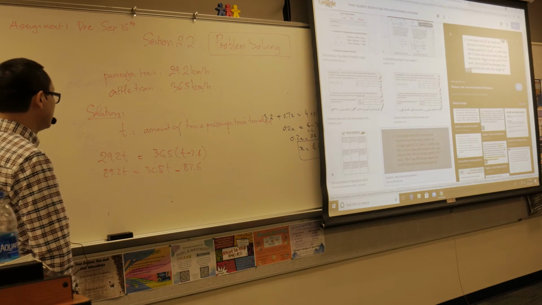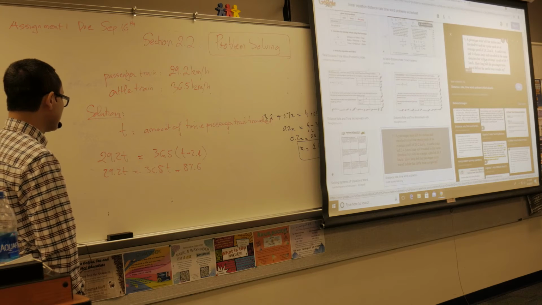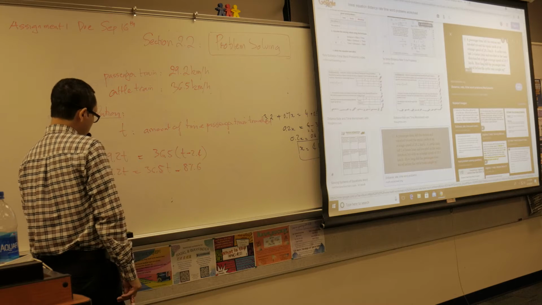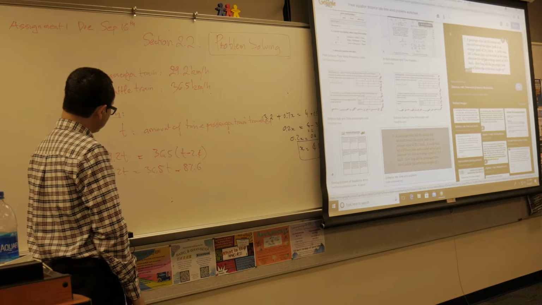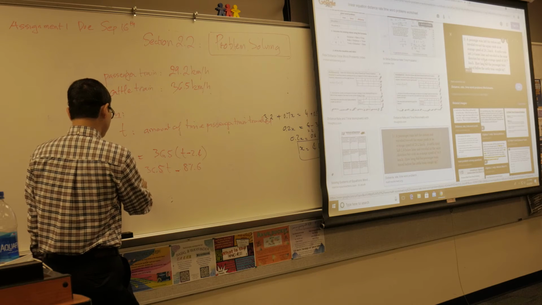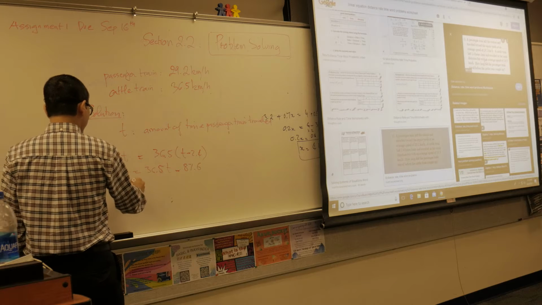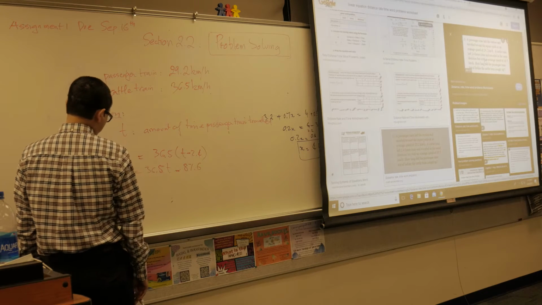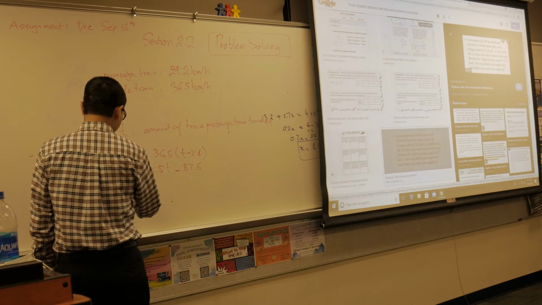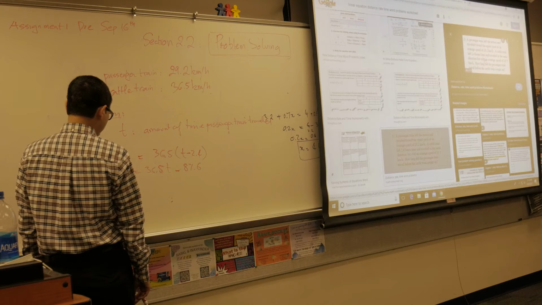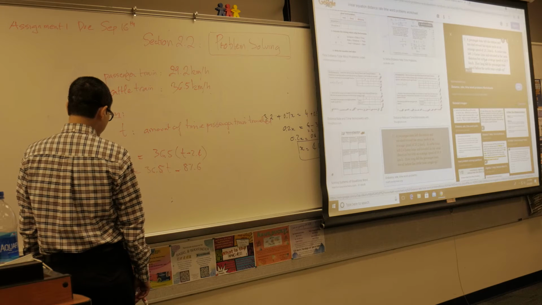All right. So go ahead. 29.2 minus 36.5 gives you what? Come on, anyone? 17?